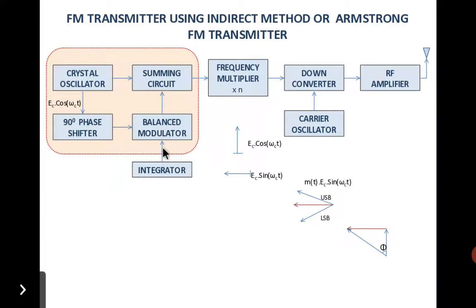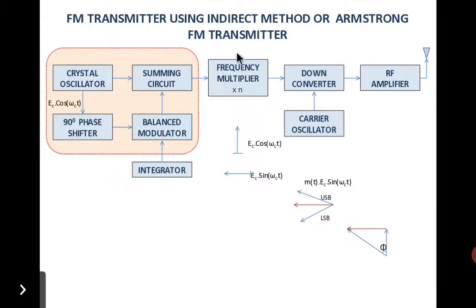Now this input signal I am going to give from the integrator. So at this point I am going to give the input as the integral of m of t. What will be the output? The output will be an FM signal. Now, as I told you earlier, a carrier oscillator can produce a signal only up to 1 MHz. That is, the FM wave obtained will have a low carrier frequency and low modulation index. So from 1 MHz to say 94.3 or 98 MHz, we need to use frequency multipliers.